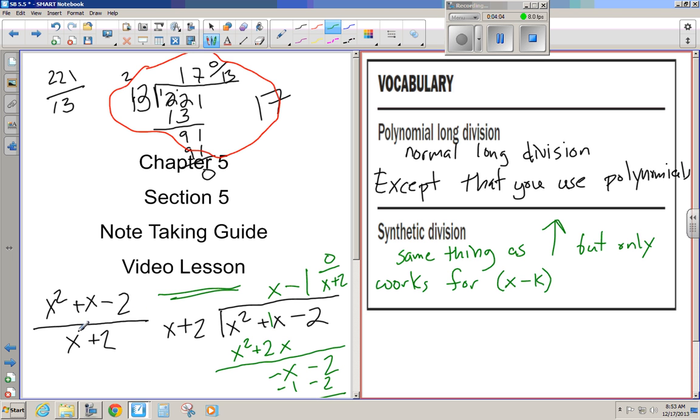If we did this as x squared, then you cannot use synthetic division. Synthetic division is just like synthetic substitution, where you put the coefficients across the top. You put a number out here in front, and you get a remainder of 0.